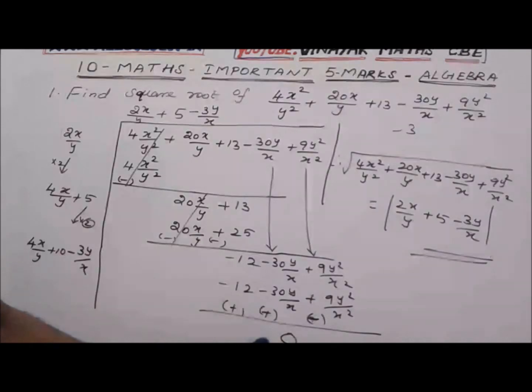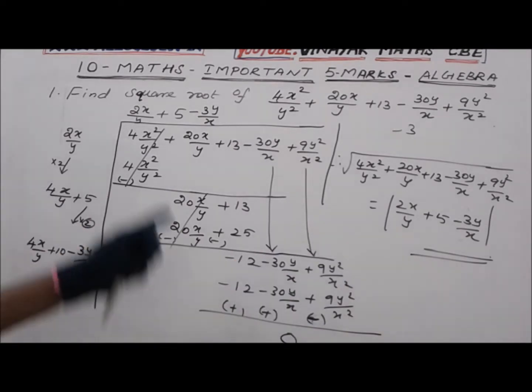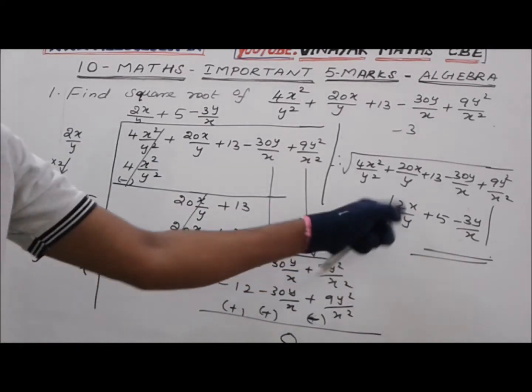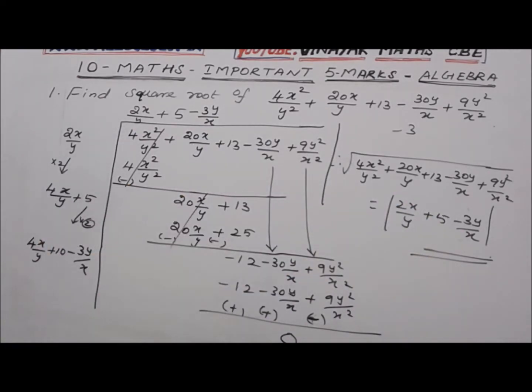Subtracting, these three get cancelled, it is 0. Then the square root of the given polynomial equals the modulus of 2x by y plus 5 minus 3y by x.